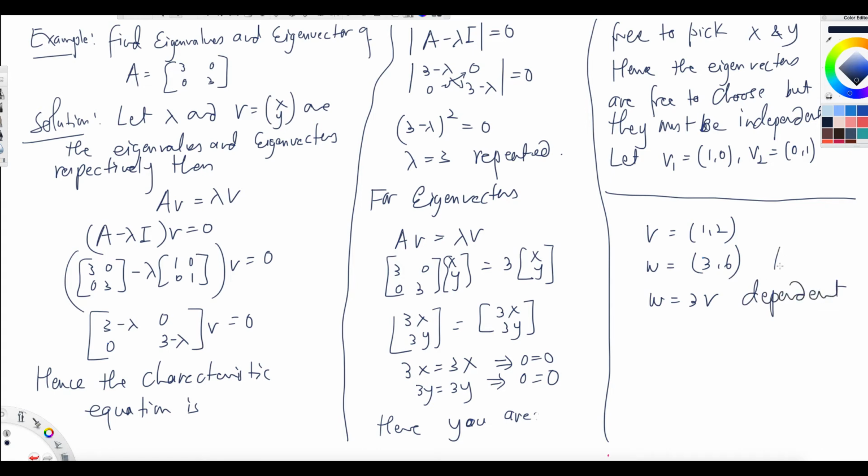You will see more about linear dependence and linear independence in your linear algebra class. But for now, just think that if one vector can be written as a multiple of the other vector, it is called linearly dependent. If you cannot do that, then it is linearly independent. So if you have (1, 0) and (0, 1), they are always linearly independent because you cannot write one vector as a scalar multiple of the other.